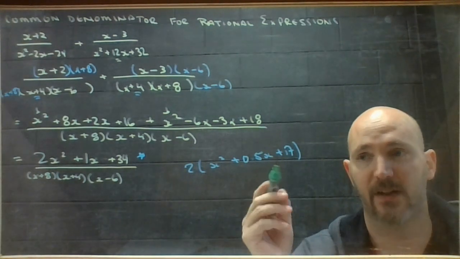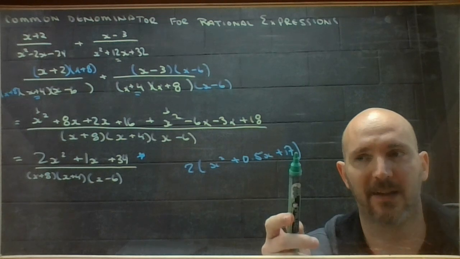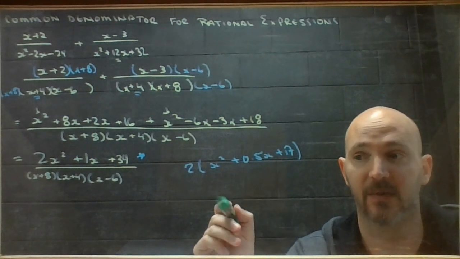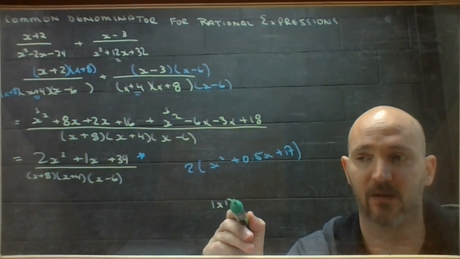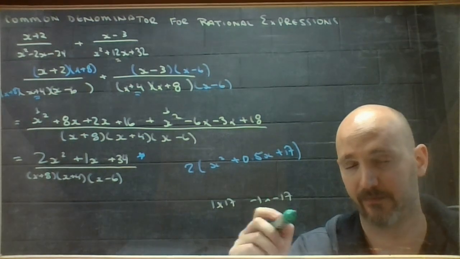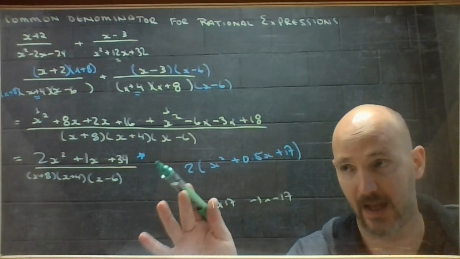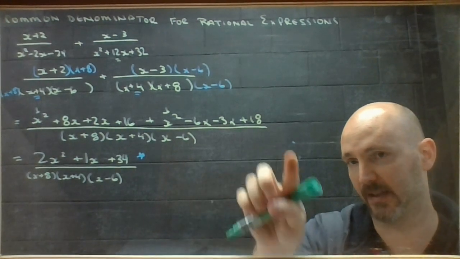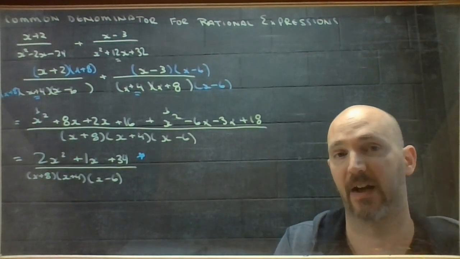I would need to find two numbers that multiply to 17 and add to 0.5. I know 17 is prime, so it's 1 times 17 or negative 1 times negative 17. Neither of these add to 0.5, so that's not factorable, which means that expression is simplified as far as it can go.